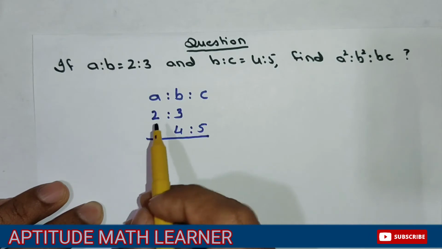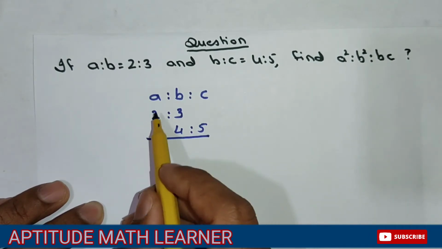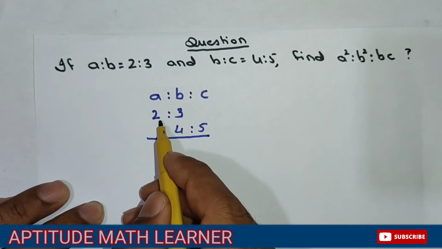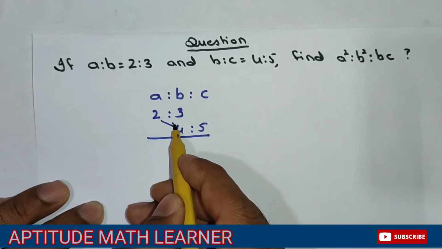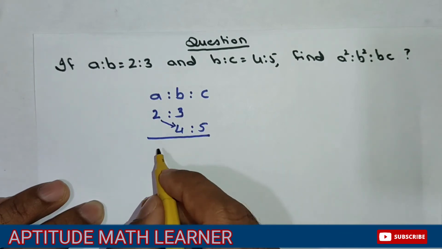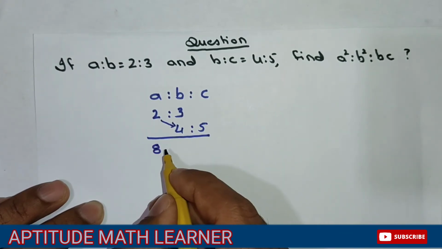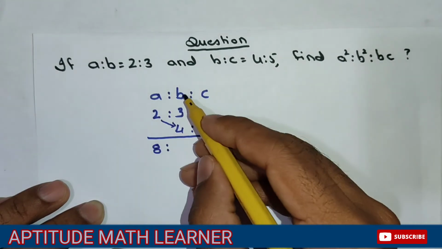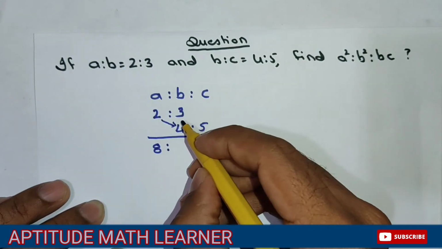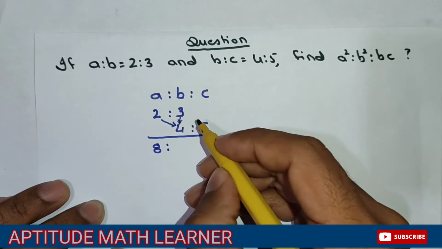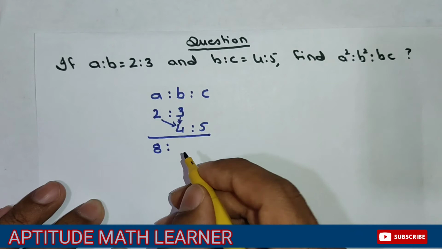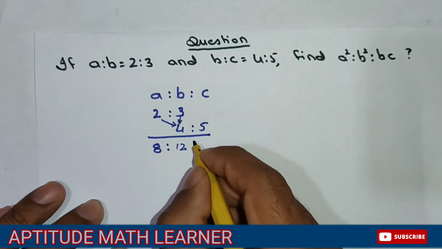So these are now the ratios, and to find out the exact ratio for A, B and C, we multiply A by the downward B. So 2 multiplied by 4 is 8. And now for B, both sides we are having B, so we take B by B: 3 multiplied by 4 we get 12.